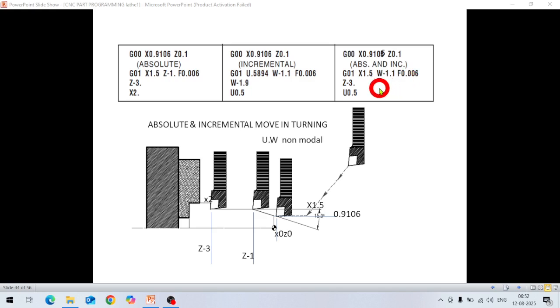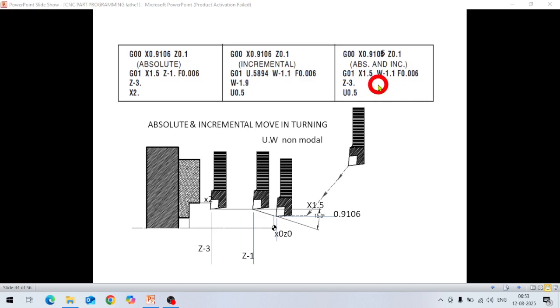And W, in the same block, is given in incremental mode, because it is a non-modal command, it is active in that block only. So this command is W minus 1.1. From here it will take this as 0 in the z-axis and move to minus 1.1. From Z 0.1 to Z minus 1 it becomes minus 1.1. So W minus 1.1 and F is this much.